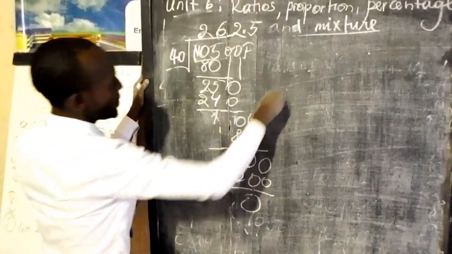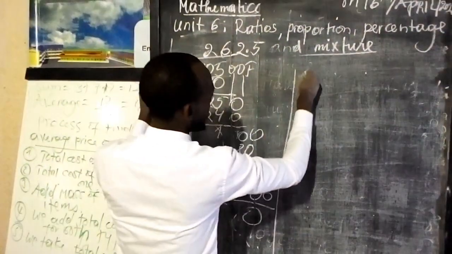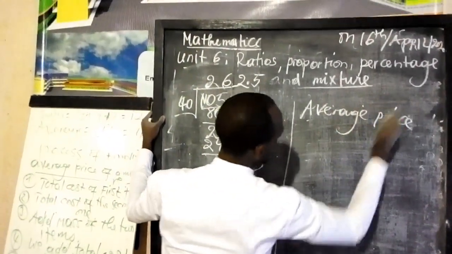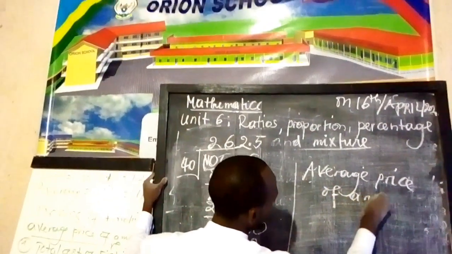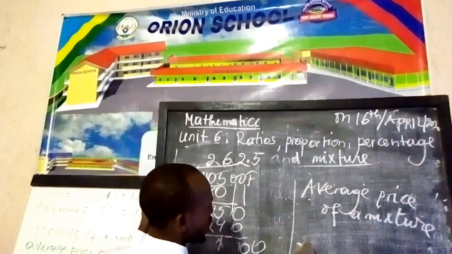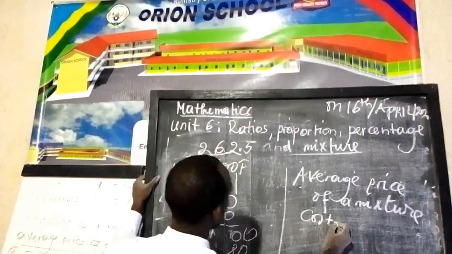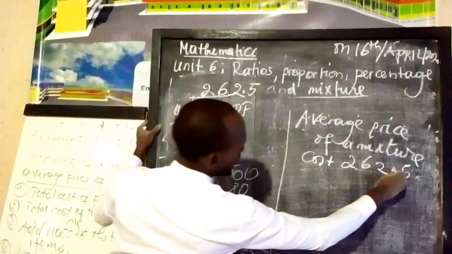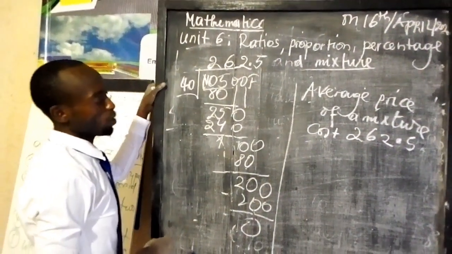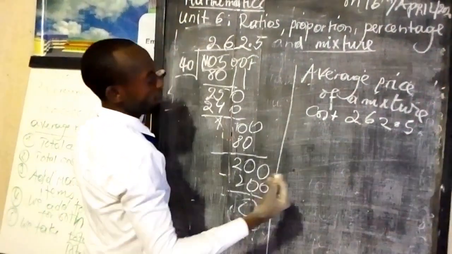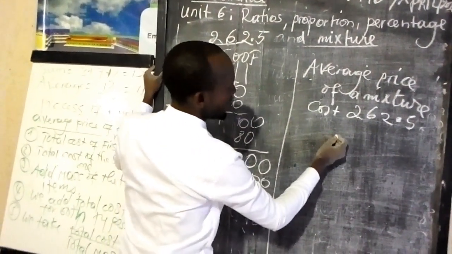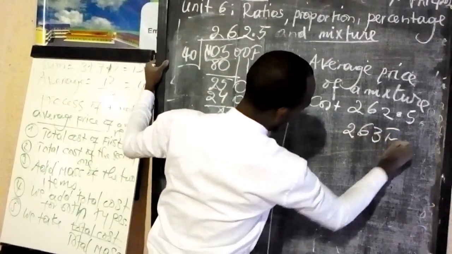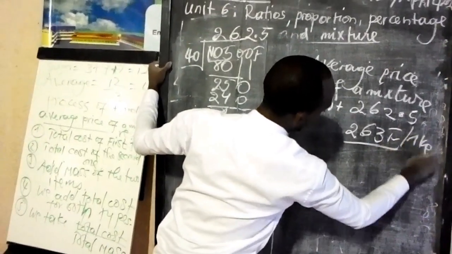So, by making the average price of mixture, the average price of a mixture cost 262.5. But when you have a number behind the point greater than or equal to 5, we can round off this, saying that the cost price can be 263 francs per 1 kilogram of a mixture.